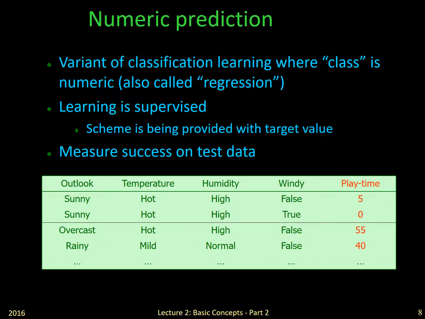Regression or numeric prediction is a variant of classification. In this case, the class is a numeric value and not a discrete or categorical value. And regression is supervised learning.